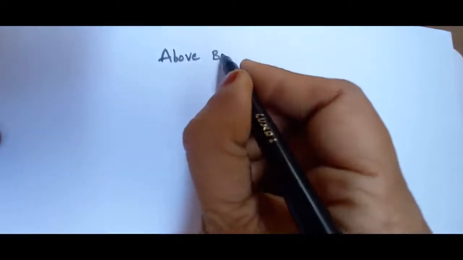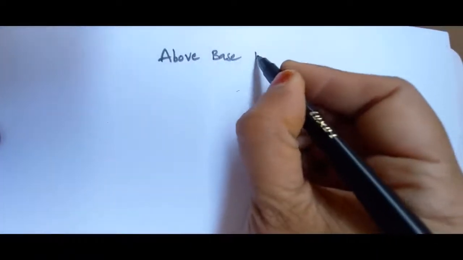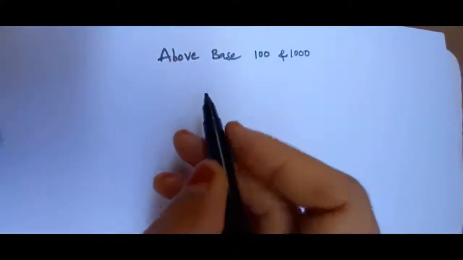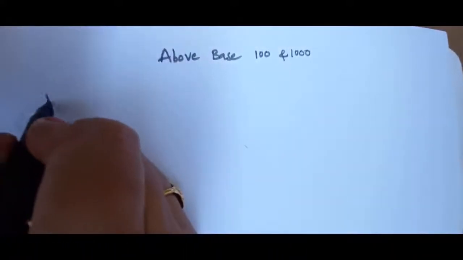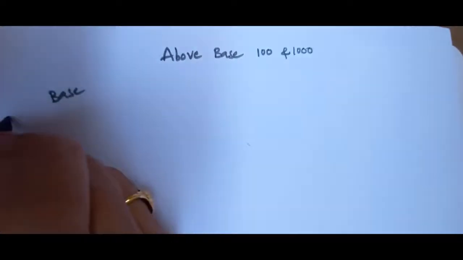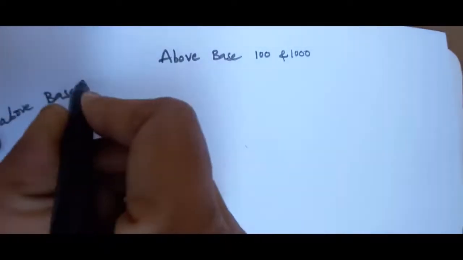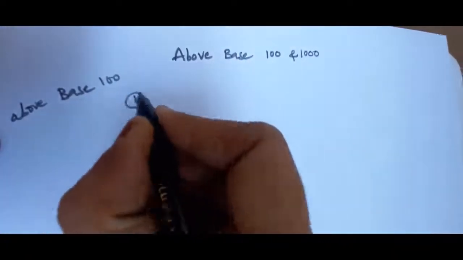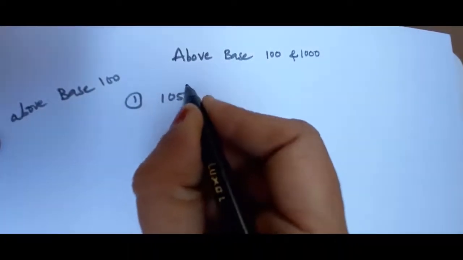Till now we learned below base 100 and 1000. Now we will see above base 100 and 1000. Let's take one example now. Base 100, above base 100. First example, 105 whole square.